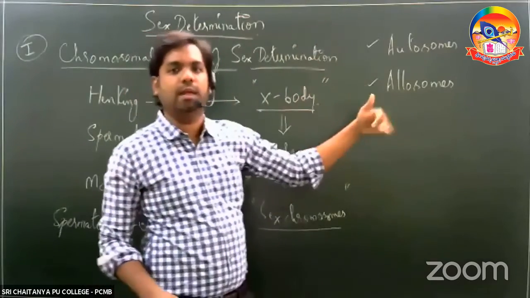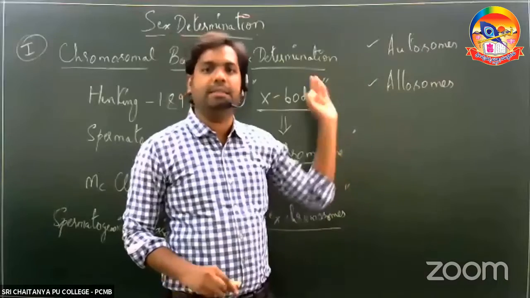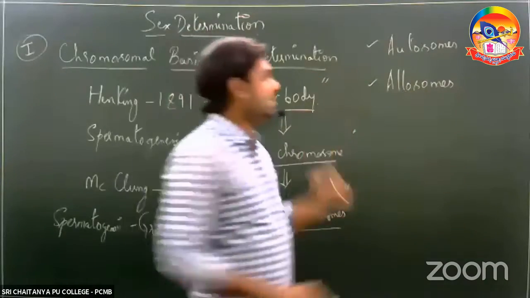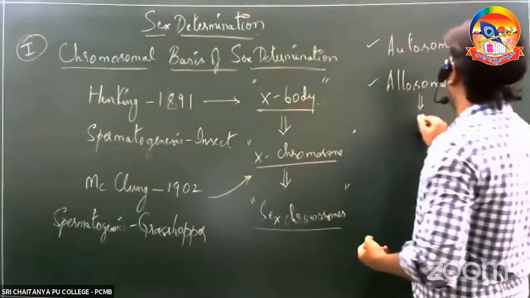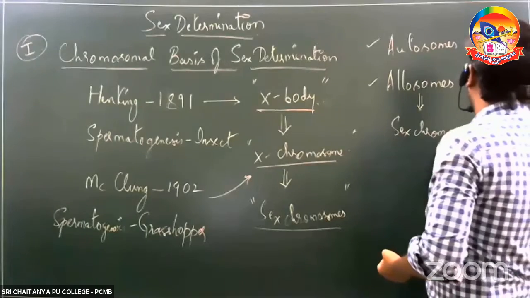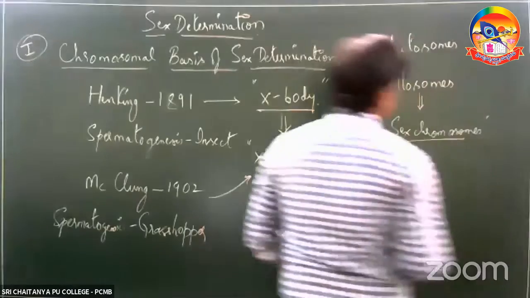In contrast, the chromosomes which are involved in determining the sex of an individual, we call allosomes. We also call allosomes the sex chromosomes, because they are actually involved in the process of sex determination.